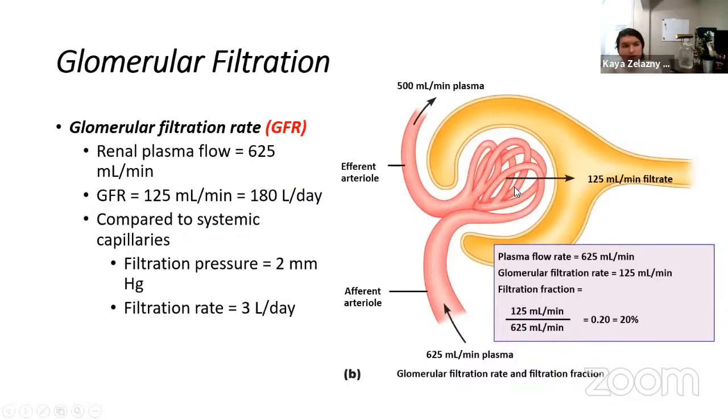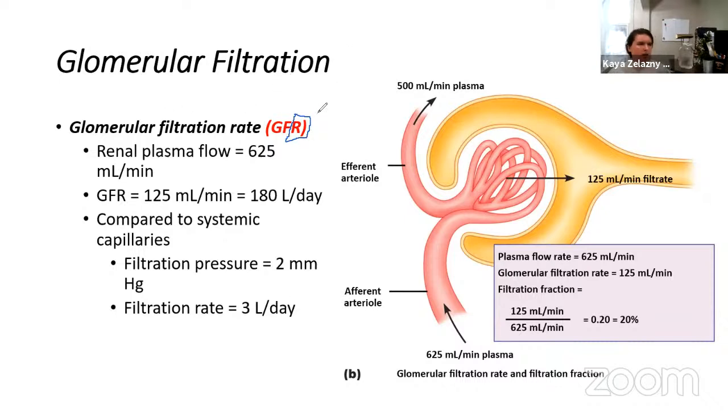So that brings us to the glomerular filtration rate, which is our GFR, so rate. So just from that word rate, we know something about the units, which can kind of help us remember what this is, right? So rate means we're going to have an amount over a period of time.